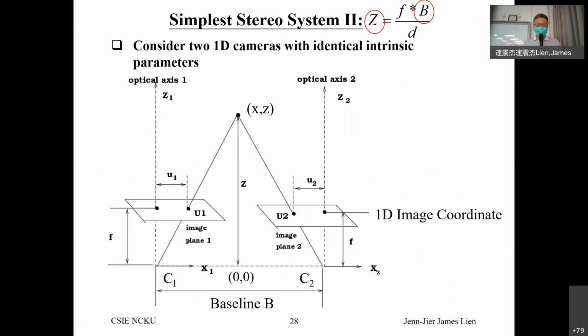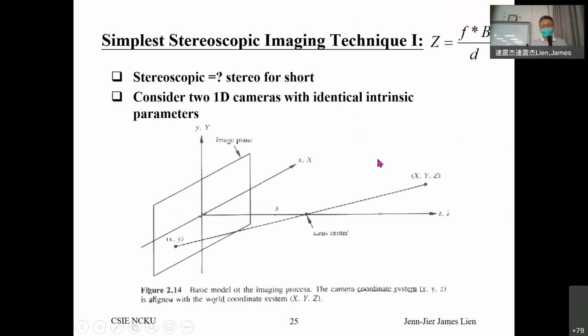First of all, after the three methods, we talk about the Z estimate. Z is the distance between the object and the camera. For any point in 3D, you have X, Y. How can you measure the Z? How can you get the X, Y? Actually, we already did that in camera calibration.